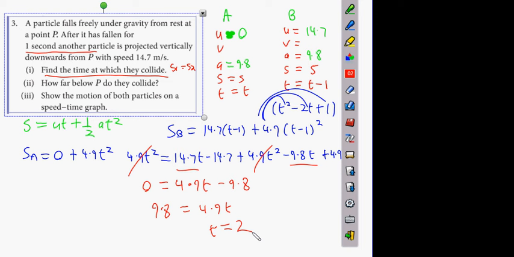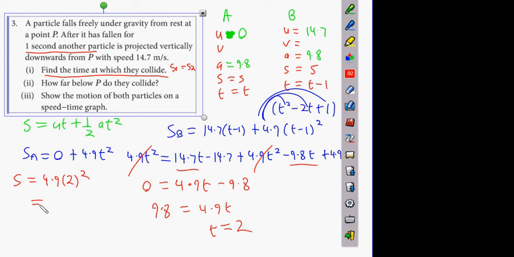Okay, how far below P do they collide? How would you find that out? How far is what type of question? Distance. Distance equals 4.9T squared. So it's just going to be the distance equals 4.9 multiplied by 2 squared. What's 4 multiplied by 4.9?